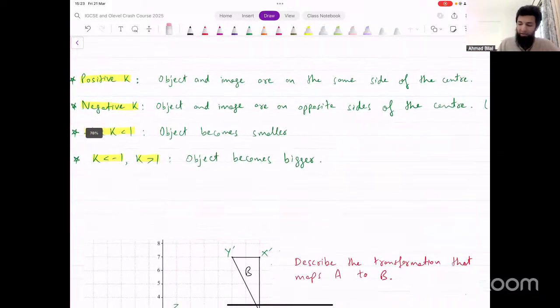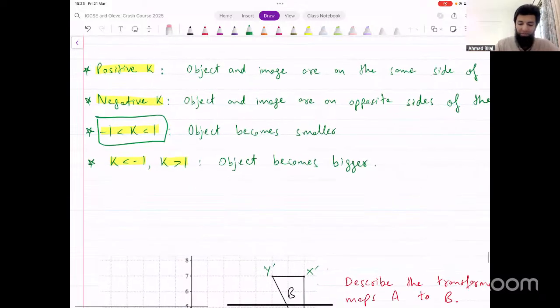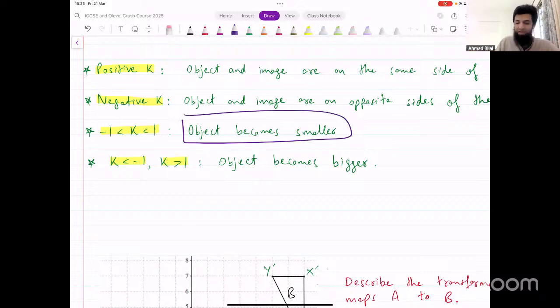And then if the value of K, if the scale factor is between -1 and 1, what happens in this case is you will see that the object will become smaller. So if the scale factor is, for example, 0.75, or if it's minus 0.5, for numbers that are smaller than 1 in terms of their magnitude, the object is going to become smaller.